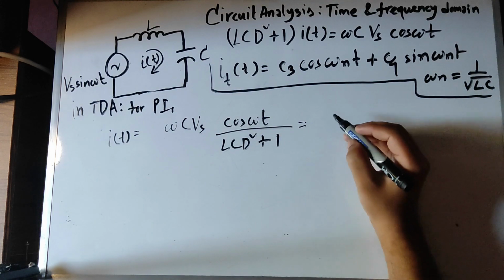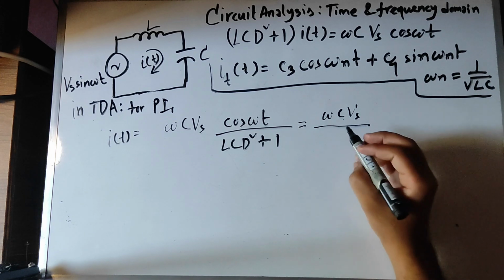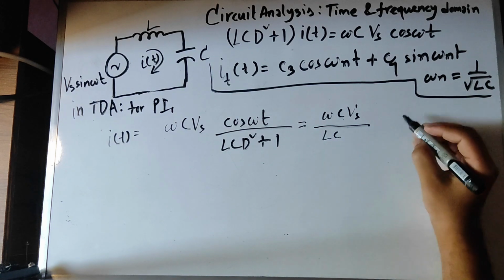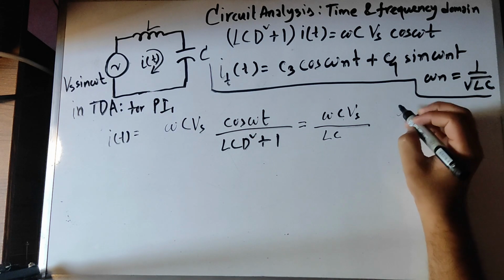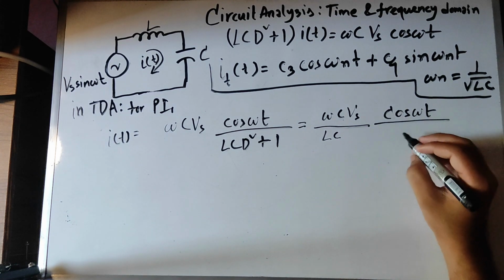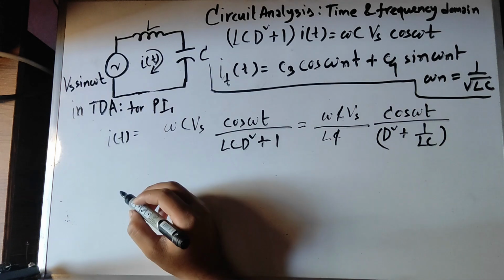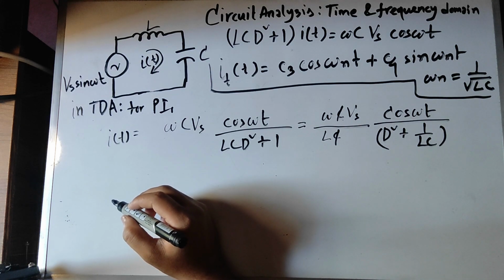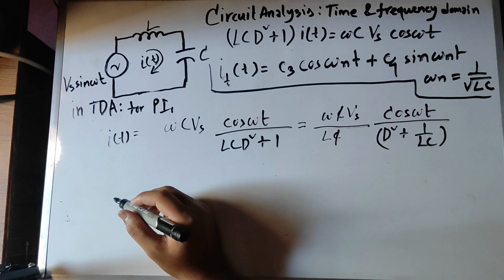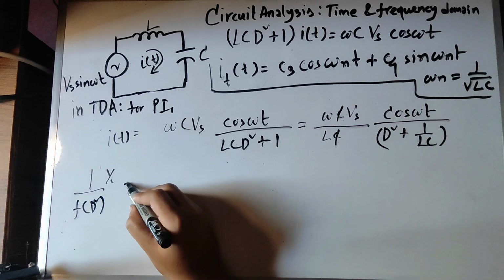So if we divide through, omega C Vs by LC times cos omega t by (D squared plus 1 by LC). When using the differential operator to solve particular integrals, we are gonna use a formula.